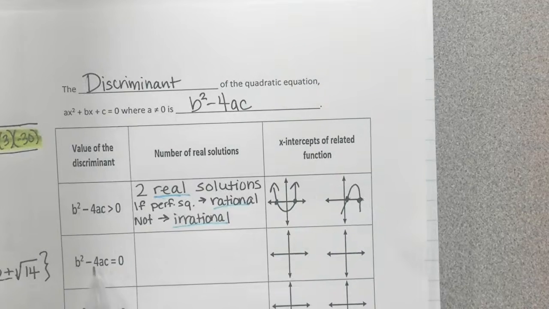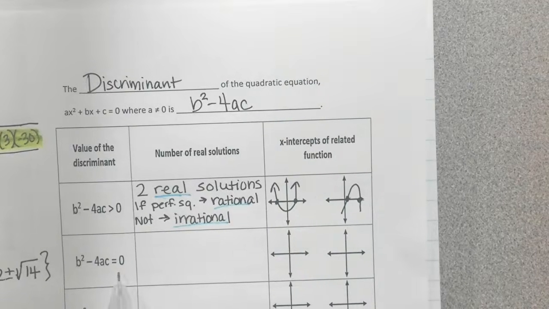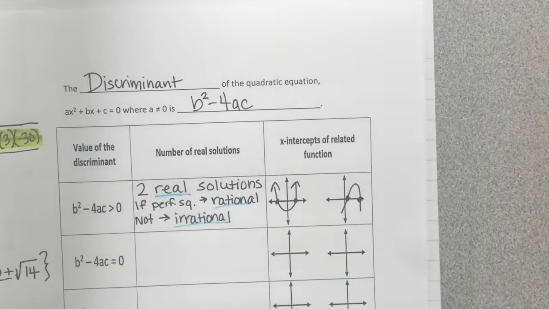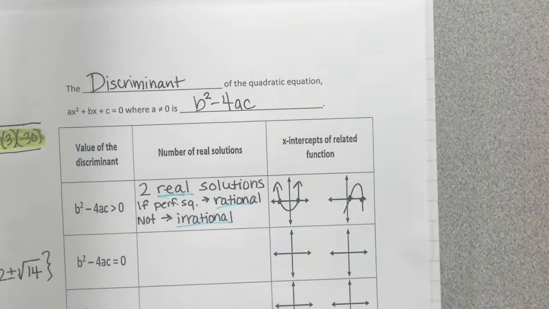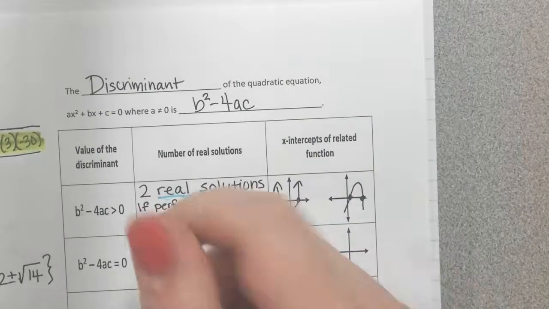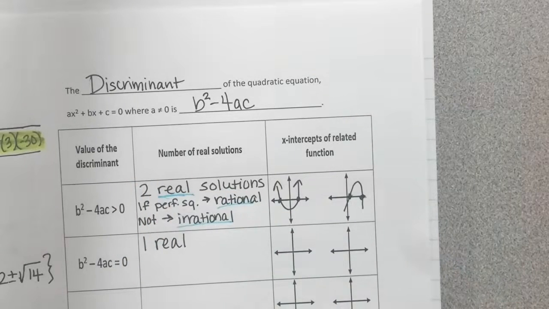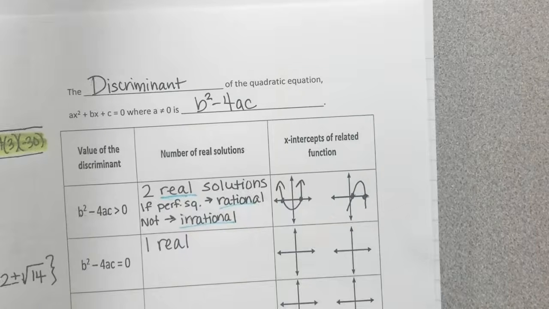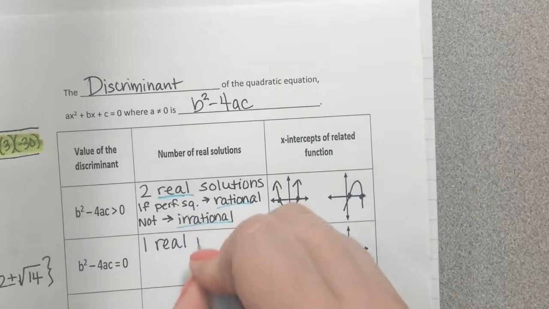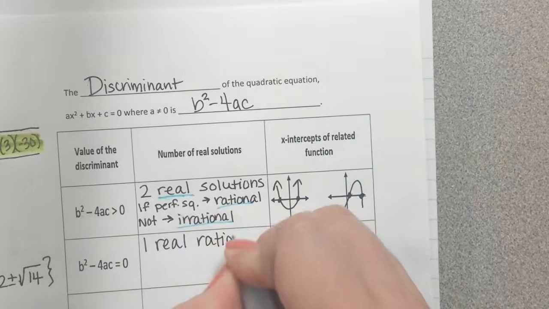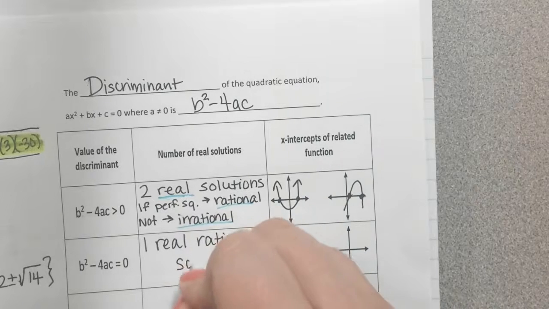Okay, if b squared minus 4ac equals 0, that was the last example we did. We had one solution, so one real, and would it be rational or irrational? Rational, because the square root of 0 is 0. So this will be one real, rational solution.